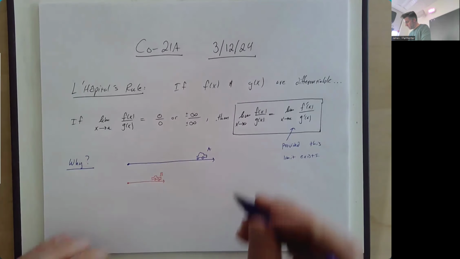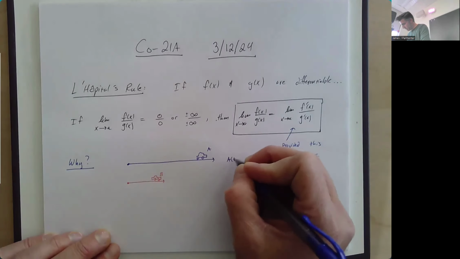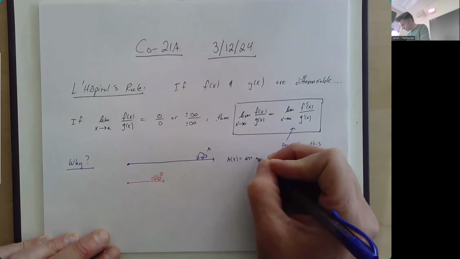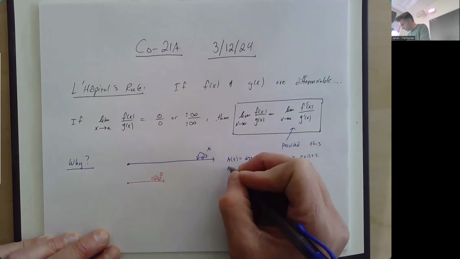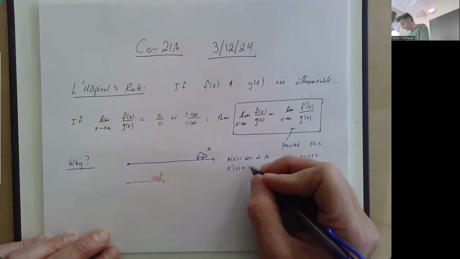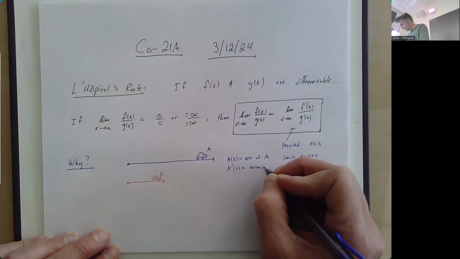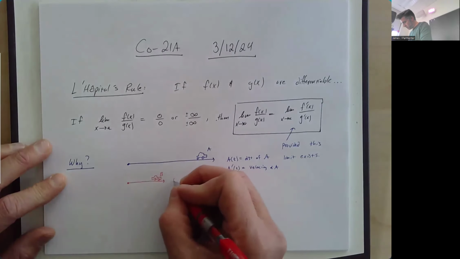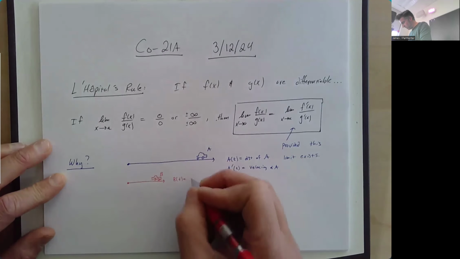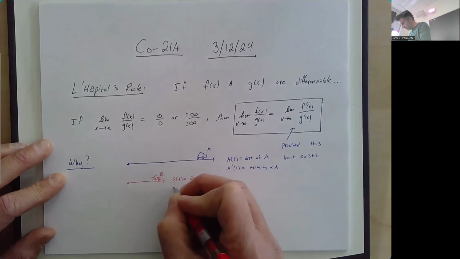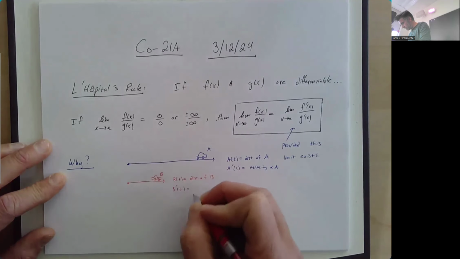A of t is the distance or the position of car A, and A prime of t, the derivative of position or distance, is the velocity of car A. Similarly, B of t is the distance traveled by car B, and B prime of t is the velocity of car B.